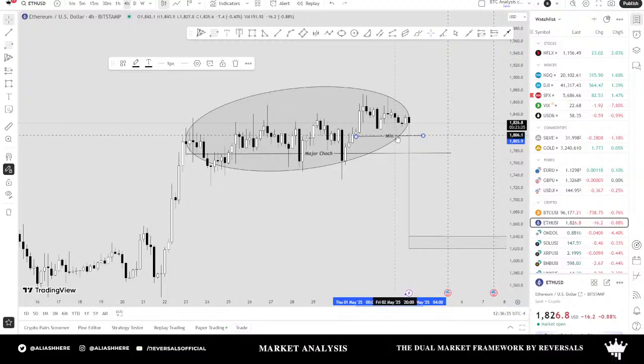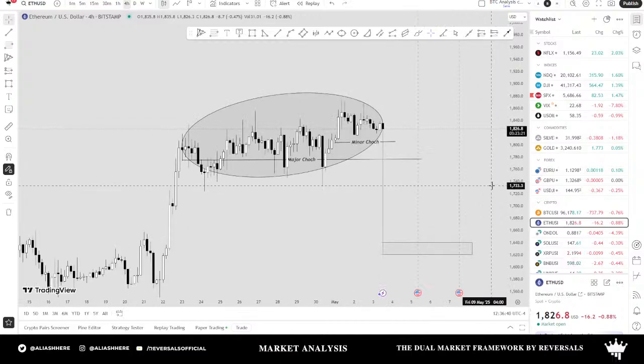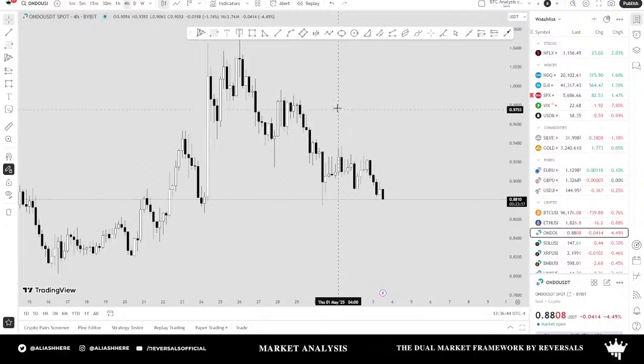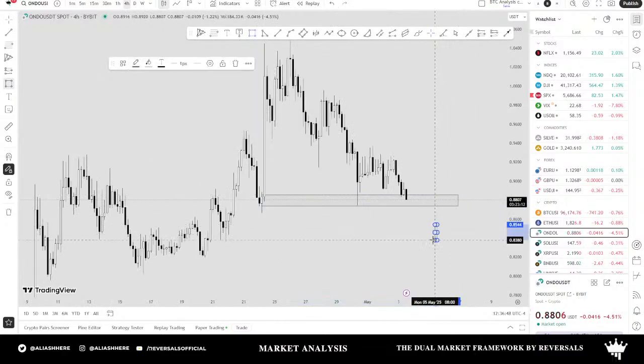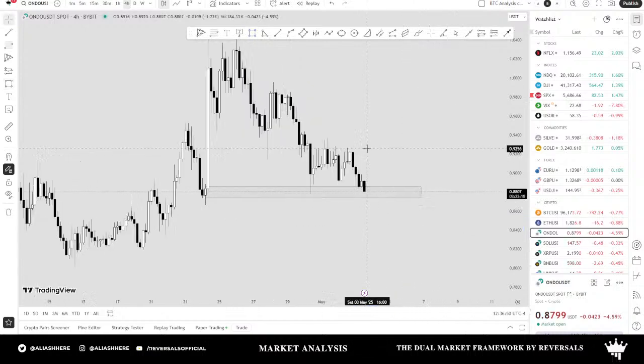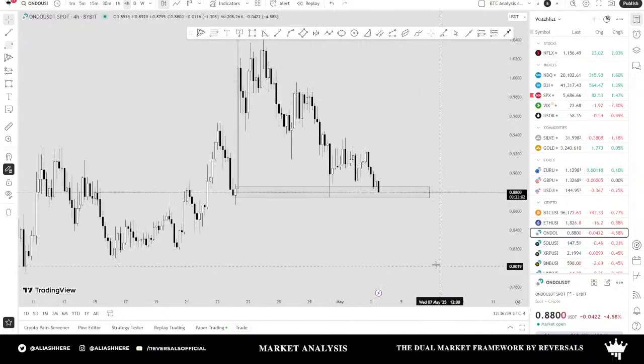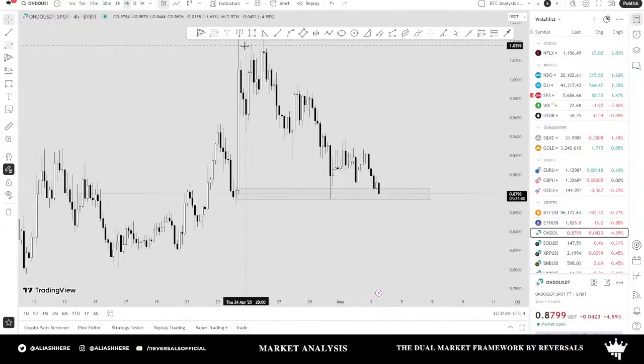Minor. Okay. There's almost no pressure on the support, so it can break this support and can go for the SR interchange.